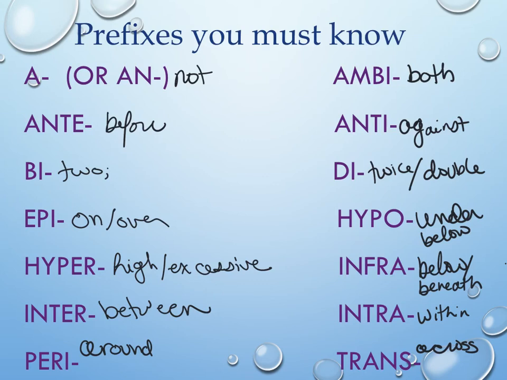So like a transplant, you're taking something and putting it from one person across to another. Inter is between. So there are intercostal muscles, which go between the ribs. And then peri is around. It's like the pericardial sac is what the heart sits inside of.